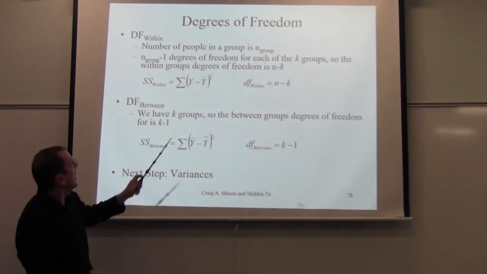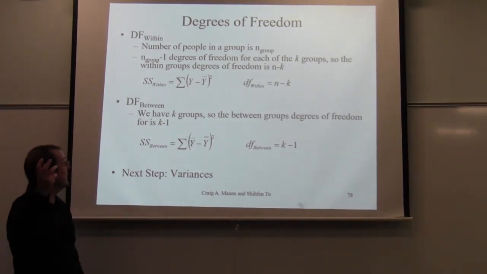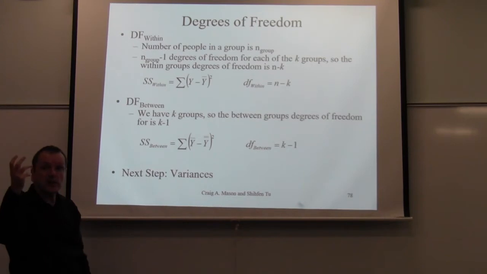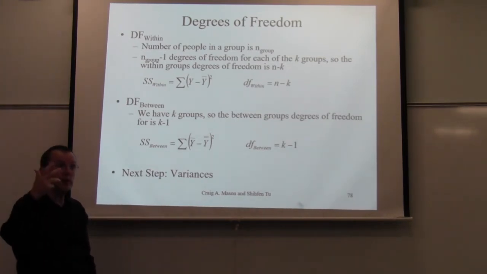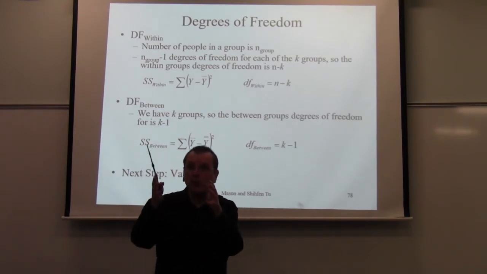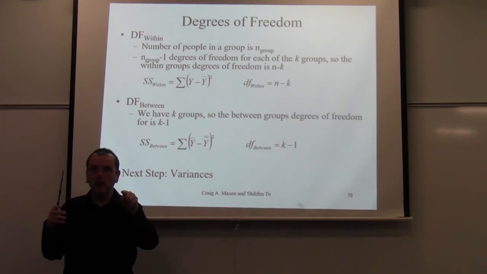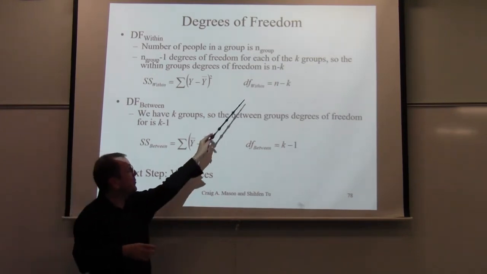So we have a sum of squares within, and we need to think of what would be the degrees of freedom within. When we were just looking at one group, our degrees of freedom was n minus 1. It actually works out the same way.